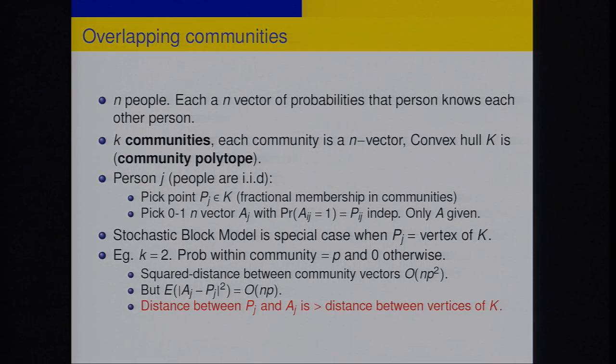P can be as small as 1 over n. You only know a constant number of people in general. That's the same as saying the probability of meeting each person is 1 over n. So in that case, you see the distance between what we consider noise, the distance between the red and black points, is in fact much greater than the distance between the vertices of K. Yet, I give you only the red points, the AJ, and you have to learn the polytope.